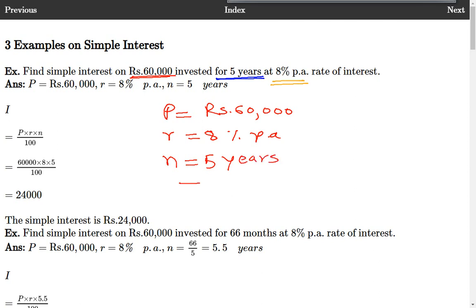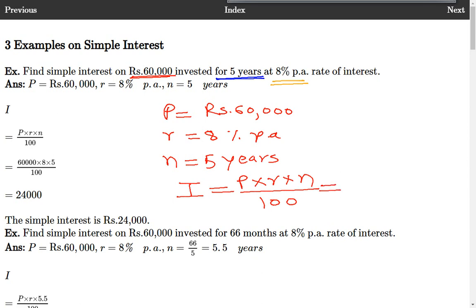So you simply have to substitute the values in the formula for simple interest. What is the formula for simple interest? I is equal to P into R into N upon 100.